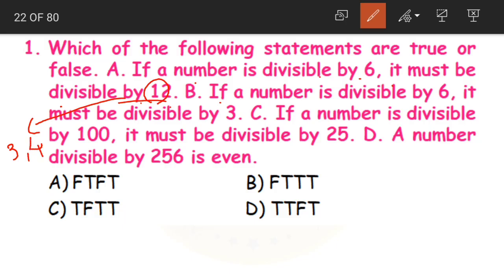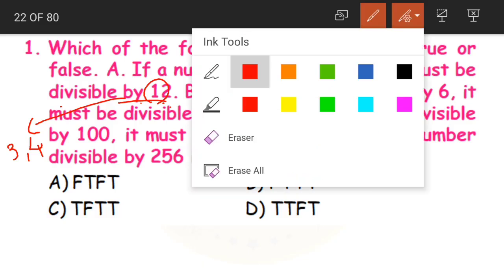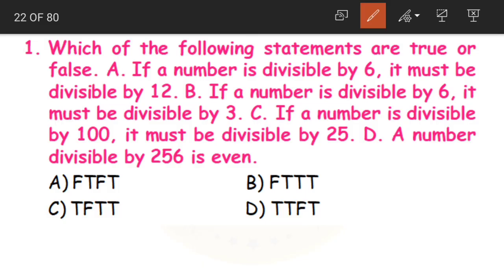So when a number is divisible by both 3 and 4, it will be divisible by 12. There is no compulsion that the number should be divisible by 6. So A becomes false.